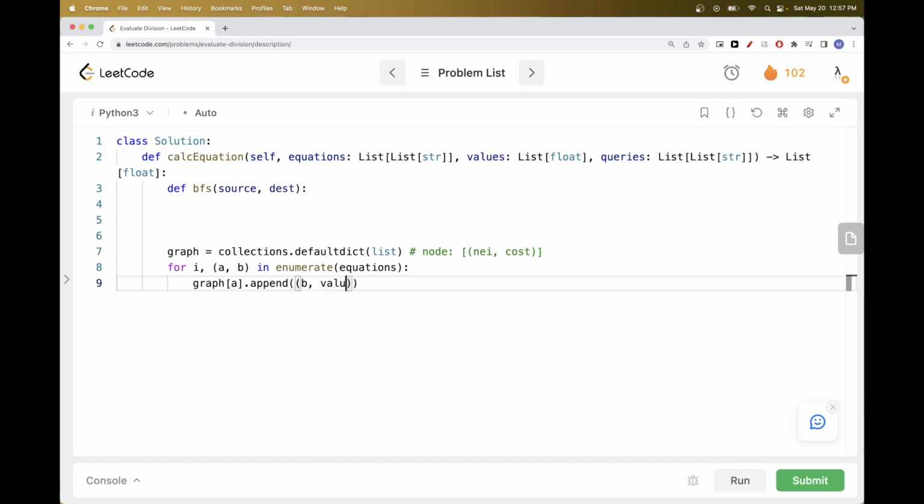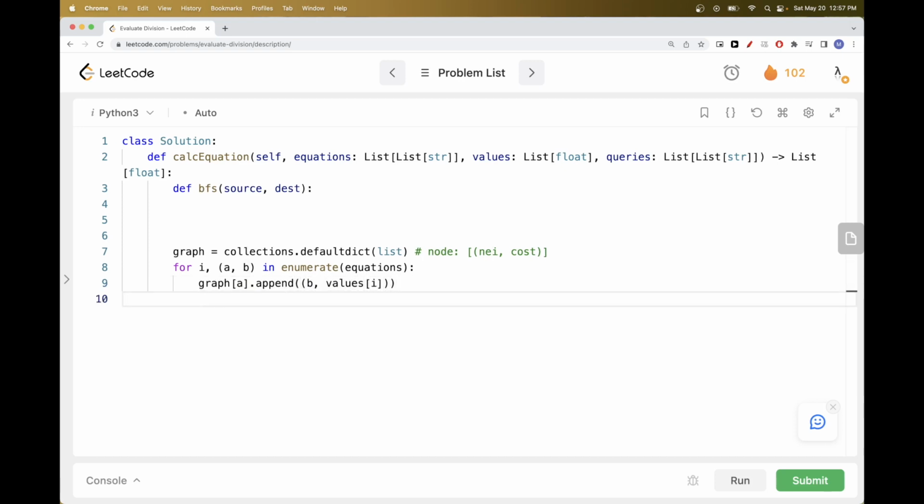But the value is in values I. And we said that if you have A divided by B, we want to record both the edge A to B with the values I, but also the edge B to A with the values, which is 1 divided by the values of I, right? And so that's what we'll do here. So we'll just take this, and this would be B, and this would be A, so we reverse that to get this edge, and this would be 1 divided by that. Okay, so that's what we do there.